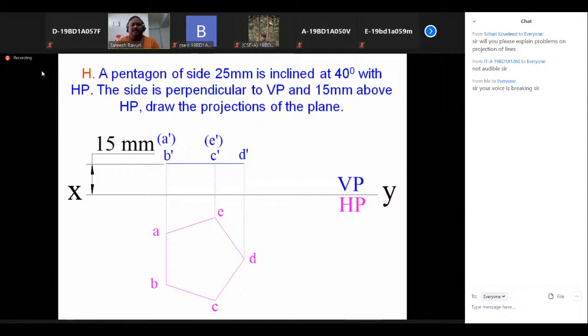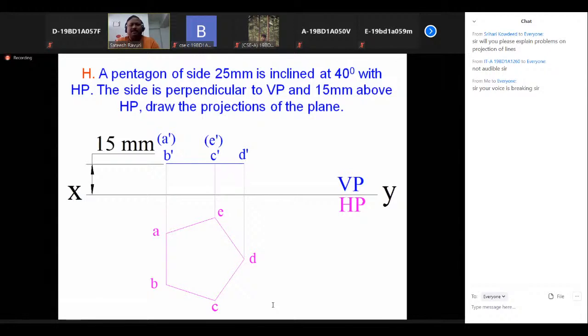As simple as that, whether it is mentioned or not, in a plane's case we should concern ourselves with the surface. Usually it will not be mentioned in the problem. Here it was given straight away as a pentagon of side 25 mm is inclined at 40 degrees with HP, so we should understand that it is the surface of the pentagon of sides 25 mm that is inclined at 40 degrees.